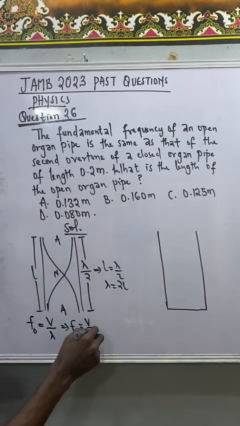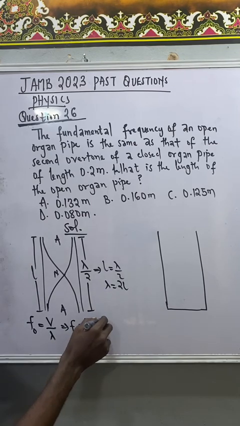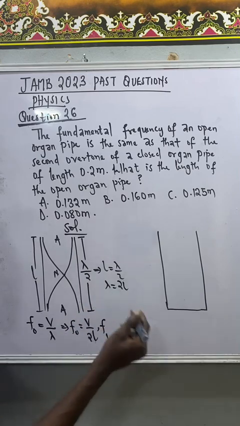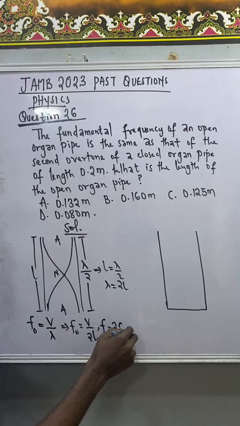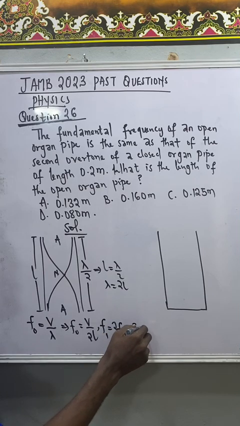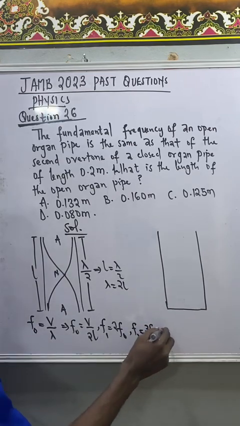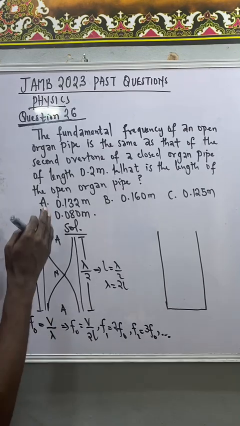To get those, we just use integral multiples of the first harmonic. So F1, which is the second harmonic or first overtone, will be given as 2F0. We continue like that. F2 will be given as 3F0. It continues like that. This is how it happens in an open pipe.